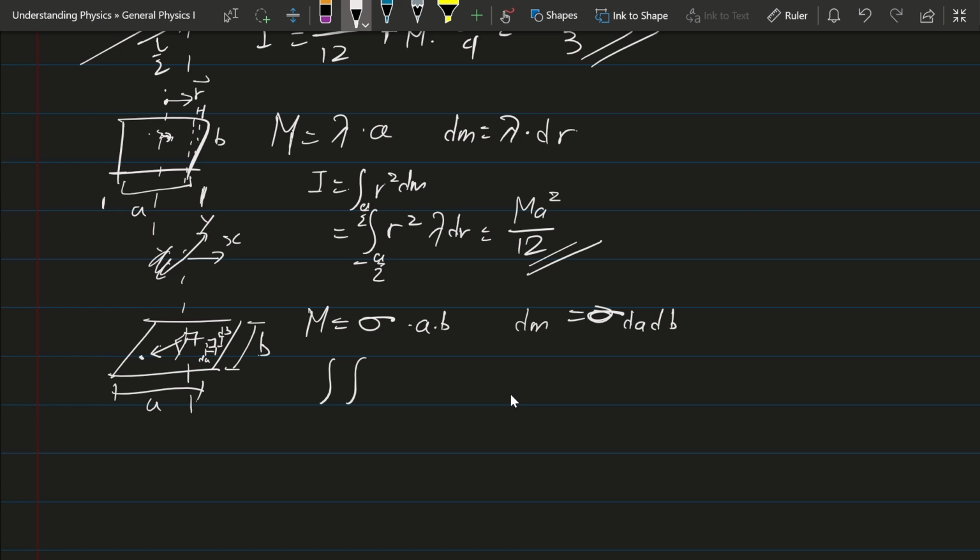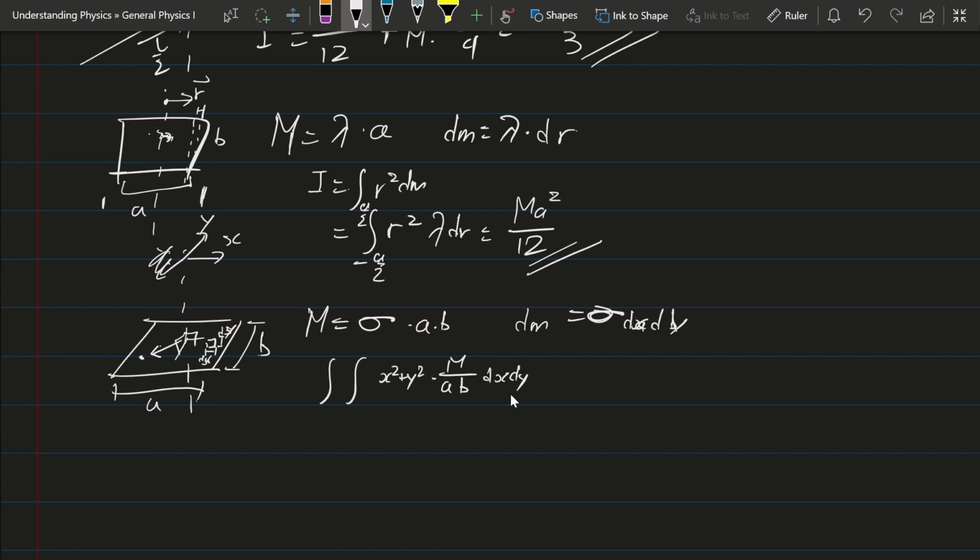So its length will be the square root of x squared plus y squared, and then squared, which we will later obtain as x squared plus y squared. And that's dx dy, multiplied by the sigma, which is m over a times b dx dy.